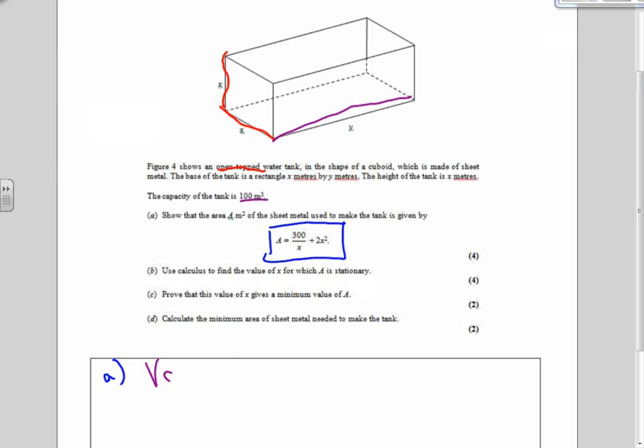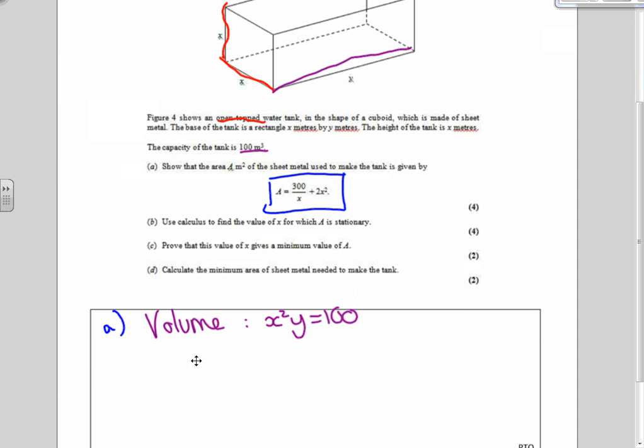So volume, which would be given by x times x times y, so that's x squared y, is equal to 100. So I can rearrange this to give me y equals 100 over x squared, because as in the previous questions, at some point we're going to have to eliminate a y so that then we can differentiate.